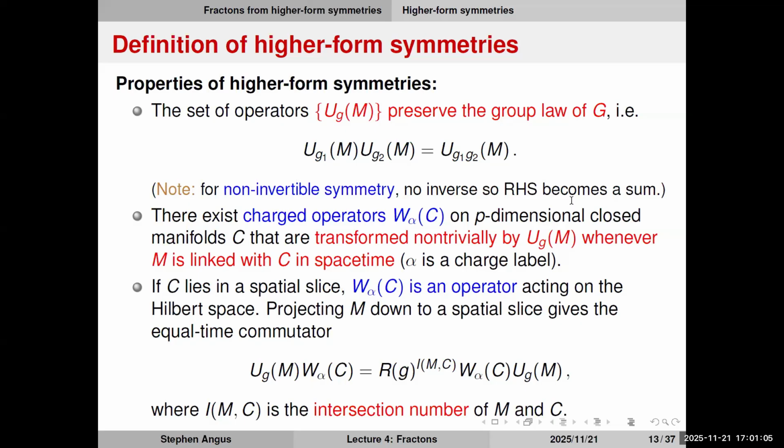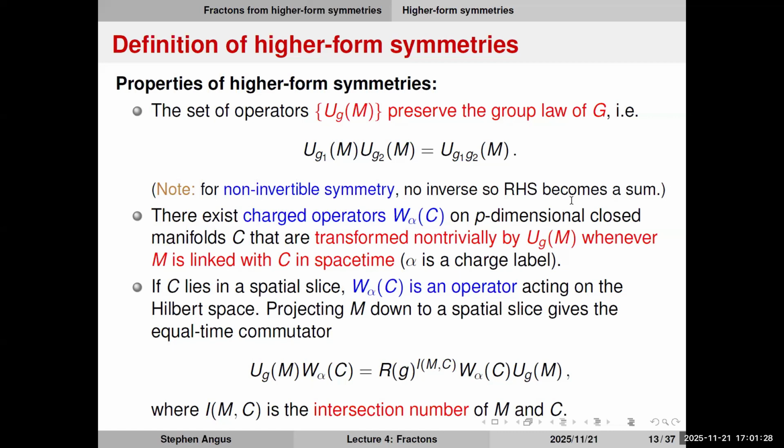And if we want to project this down to a spatial slice, we can relate this to equal time commutators. So if C lies in the spatial slice, then WC is an operator acting on the Hilbert space, projecting M down as well. Then we have an equal time commutator, and it will take this kind of form.